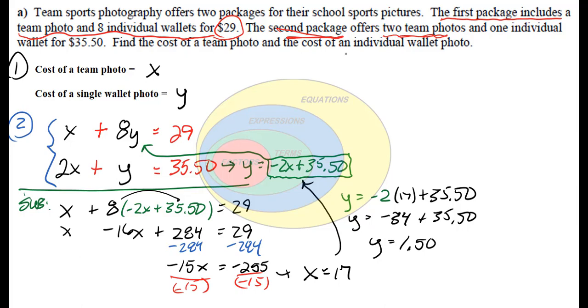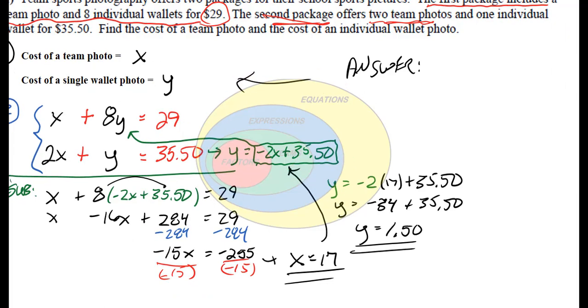So my answer, and I'm just going to move up here and write my answer. I basically need to take my values for x and y and go back to what I was looking for. So x is 17, and that's the cost of a team photo.